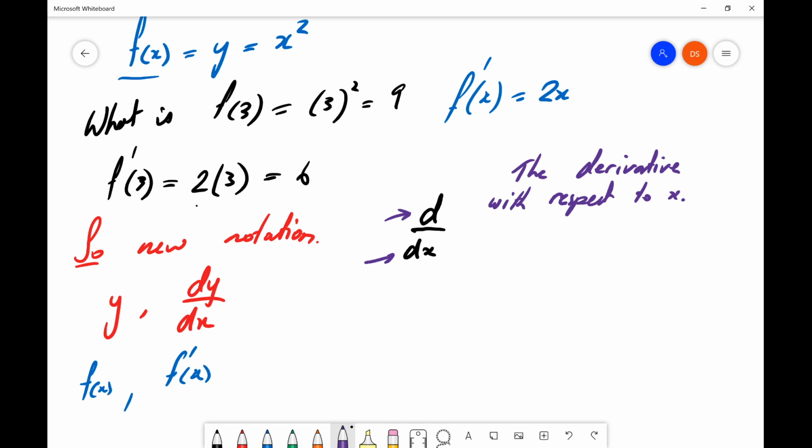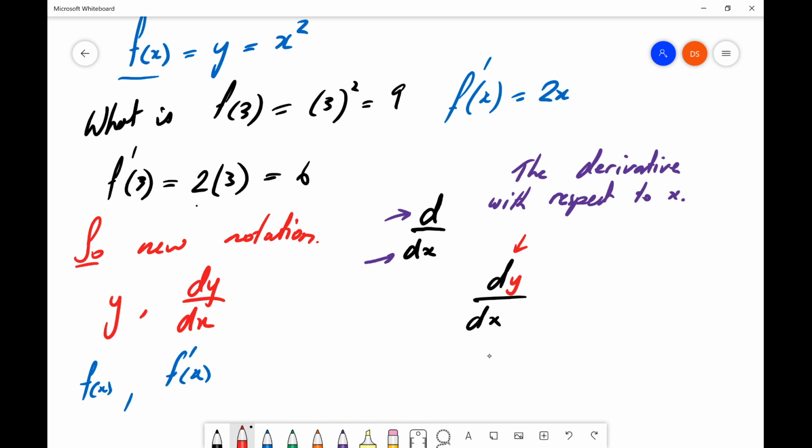And so dy by dx is the derivative of y with respect to x. And that's the operator, the d over dx. It is the change in y, so small delta of y over the small delta of x.